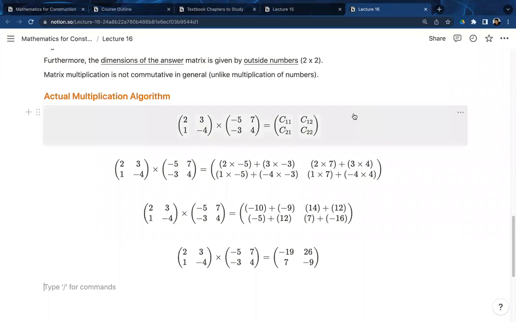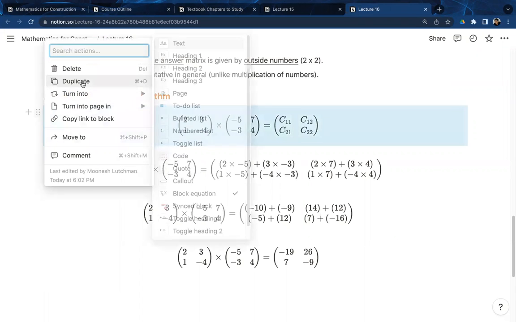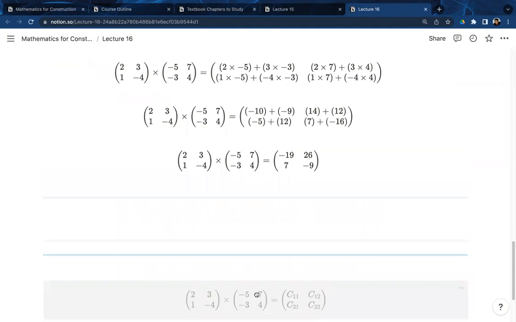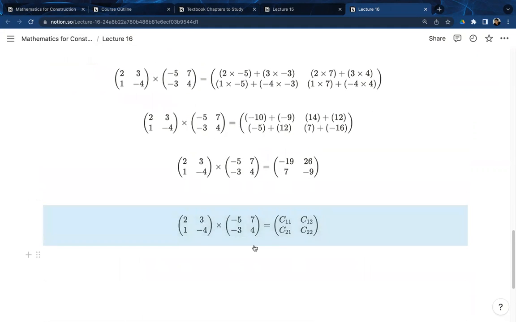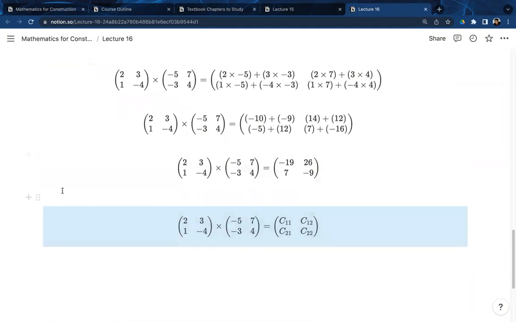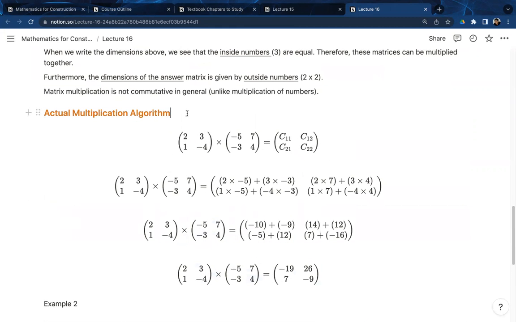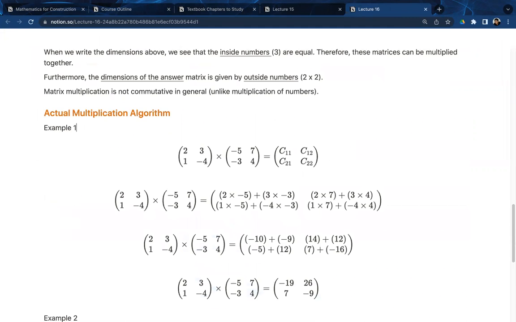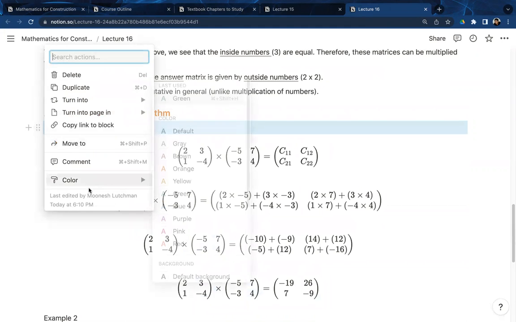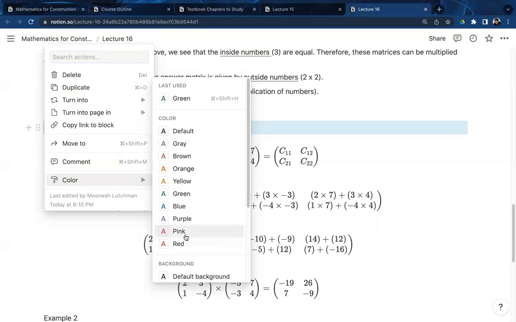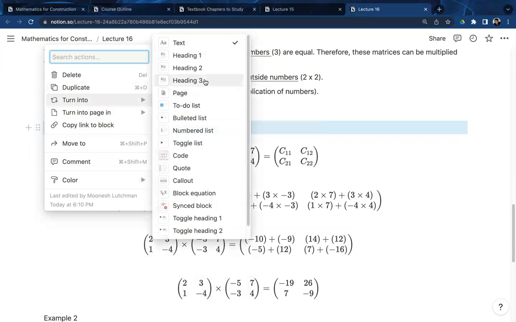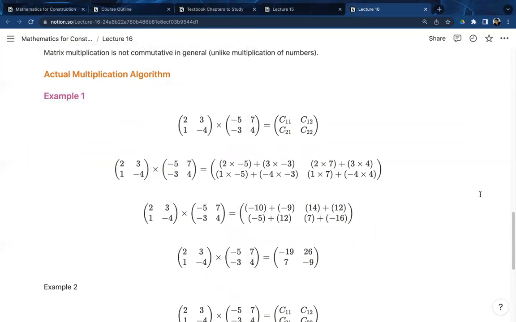Now, what I want you to do now, right? This is what I want you to do. Let me duplicate this, put this down here. You could call this example. We'll give them different names, right? So this is example 1 here.